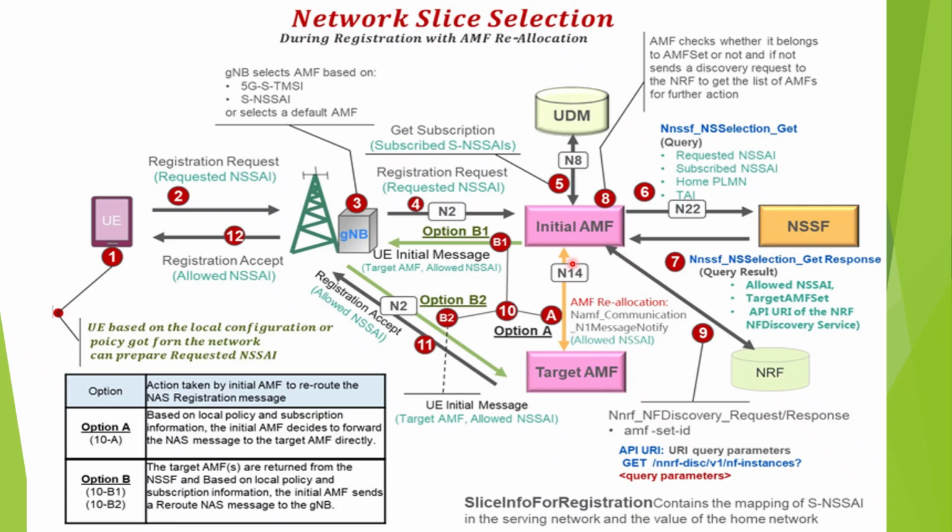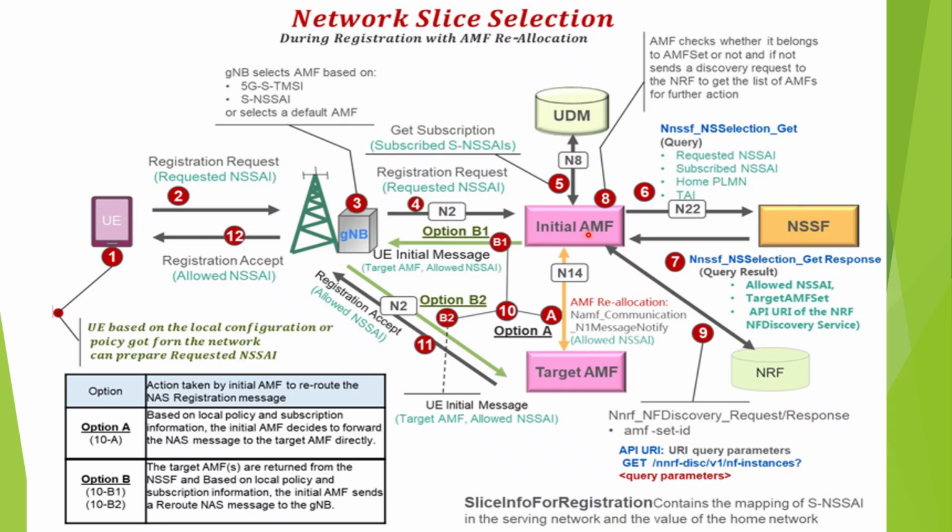Okay, suppose the NRF does not assign the target AMF and only gives the response to the initial AMF, that is option B1: it sends the response with the target AMF and allowed NSSAI to the gNodeB. Then the gNodeB sends the information to the target AMF. So the initial message, with the target AMF and allowed NSSAI information, will be shared here, and then that information will be sent back to the gNodeB. That gNodeB will communicate to the user equipment for the allocation of network slices.